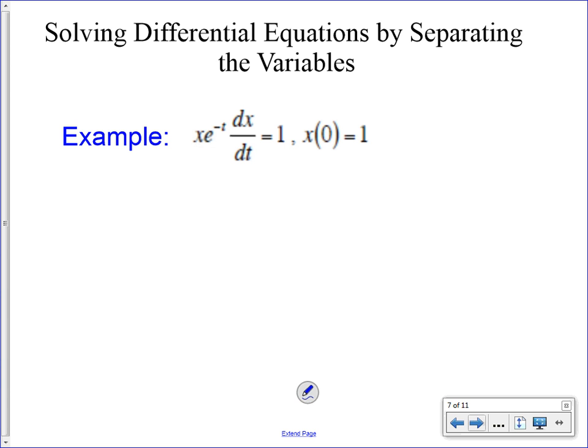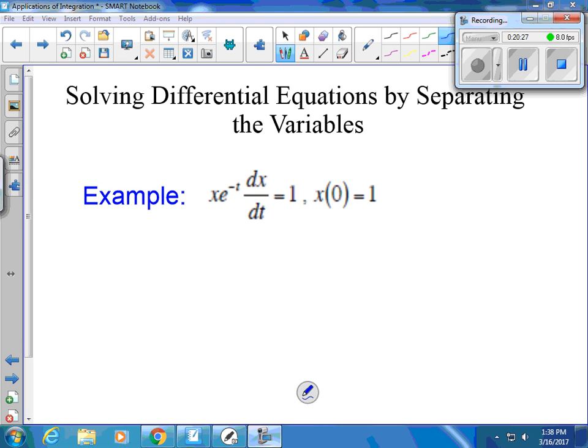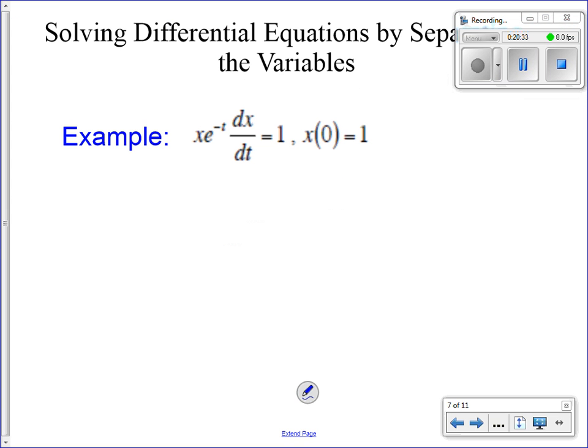I'm noticing here that we could multiply by the dt on each side, and initially it would look like this, because we're going to have 1 times dt, which is dt.